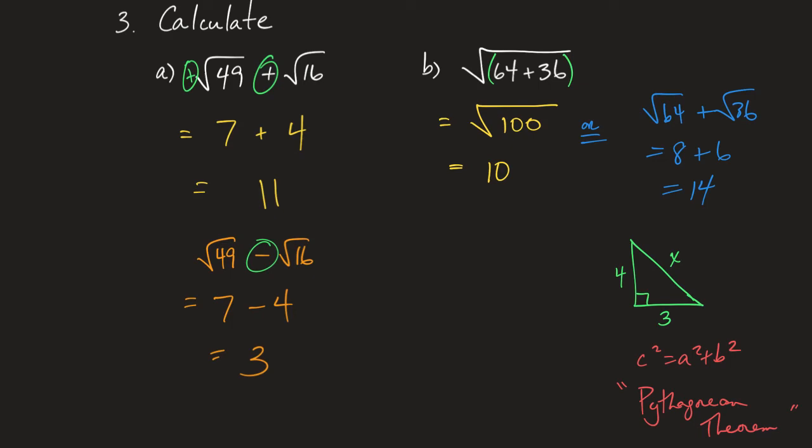What did you do? Well, you said, my C squared is my X. It's my longest side. So I have C squared equals A squared plus B squared. I know that my A and my B are my two shorter sides, so there's a 3 squared plus 4 squared. You would have calculated both of those and said like 9 plus 16. You then would have taken that addition and said 25.